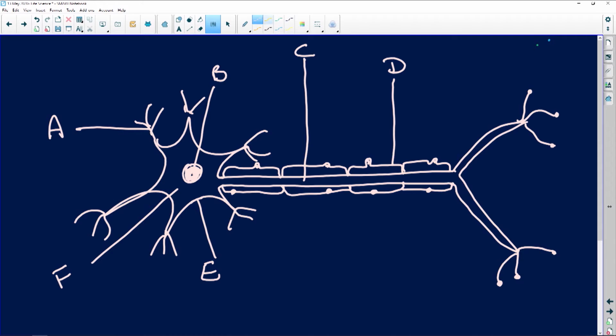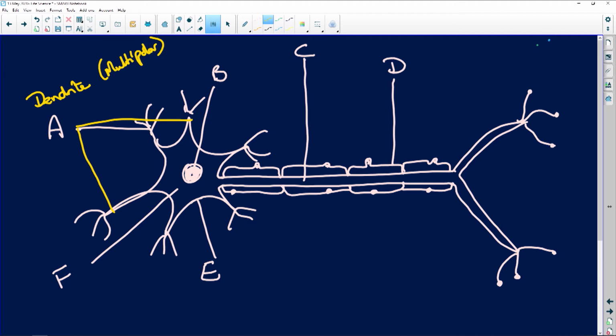All right, that's A, B, C, D. So let's do our labels. First label that we're going to be looking at here. So A is going to be a dendrite. And what they could have done is they could have said A, and this one is also A, and that one there is also A. Because these are dendrites actually, because it is a multipolar neuron.